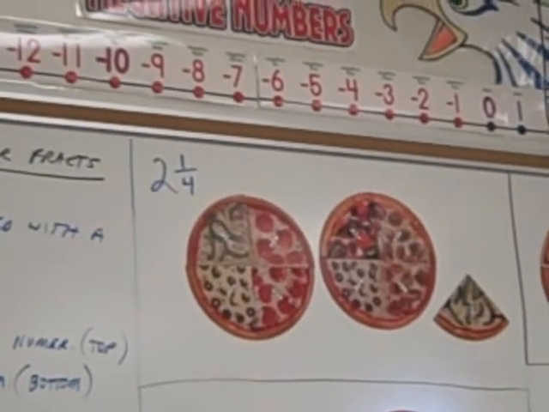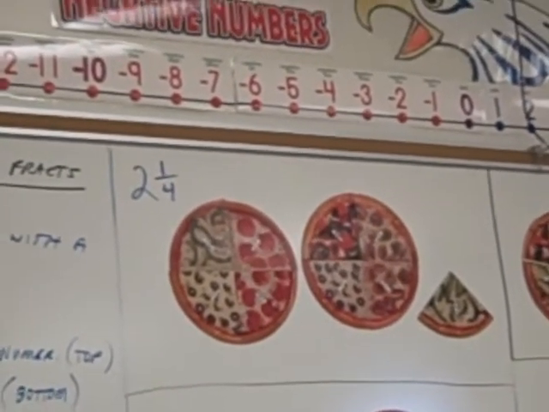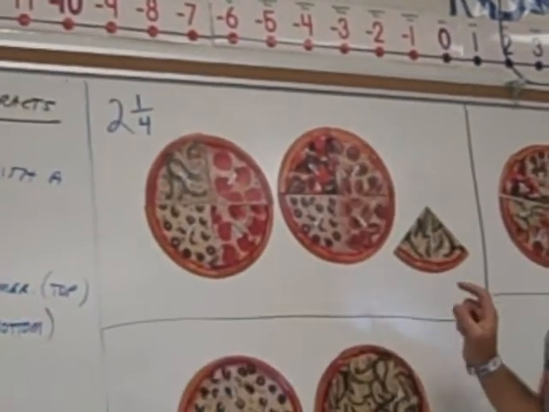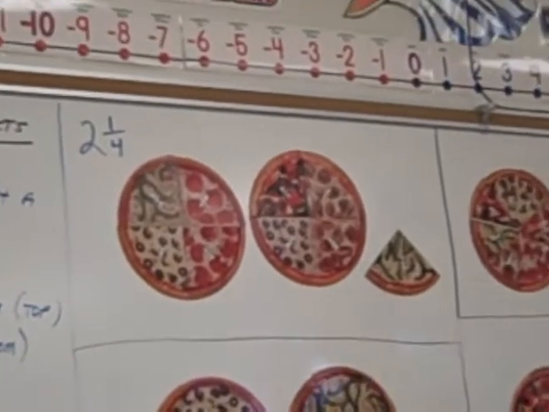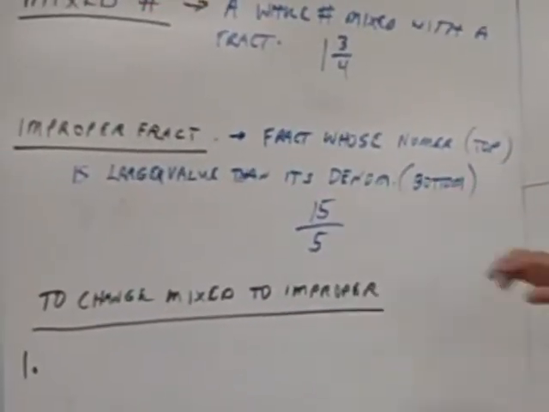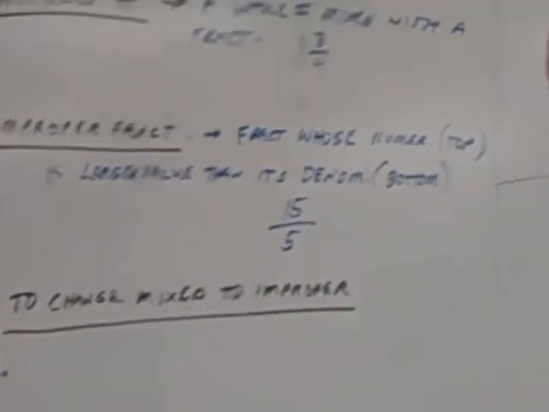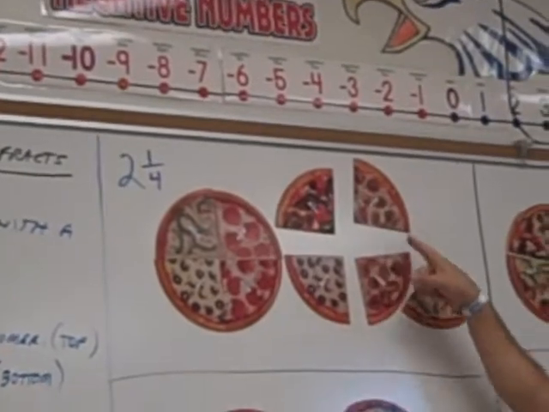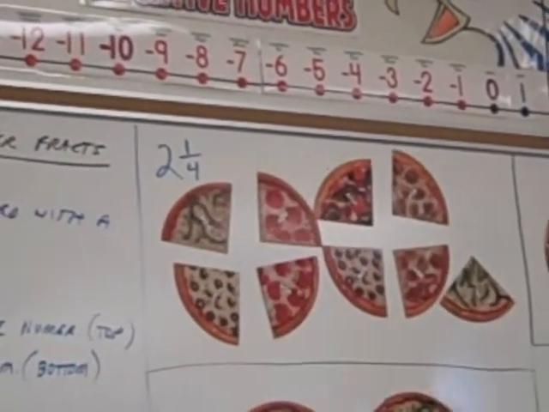All right. Everybody agree we have 2 whole pizzas and a 1/4 of a pizza. We're okay. Well, I want to turn it into nothing but a fraction. Do I have fractions right there?